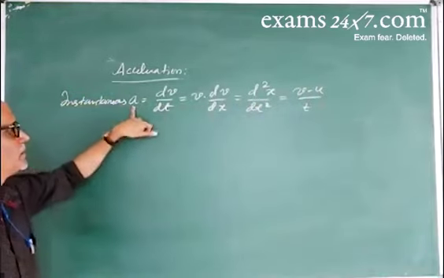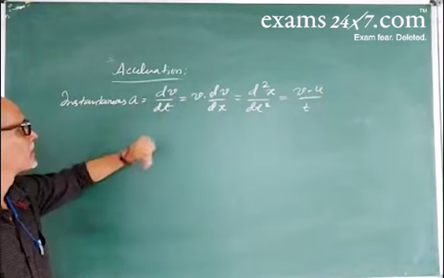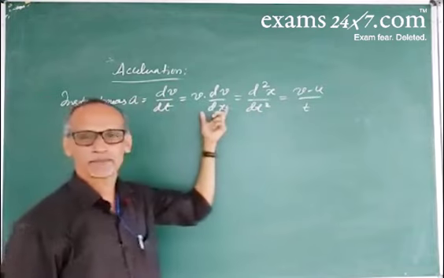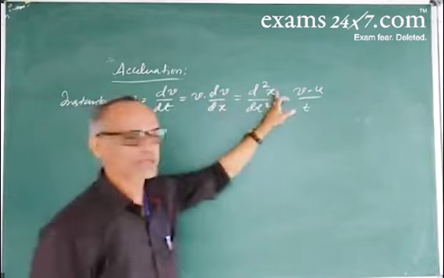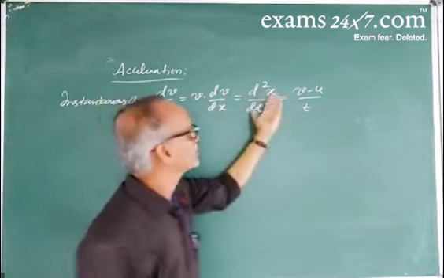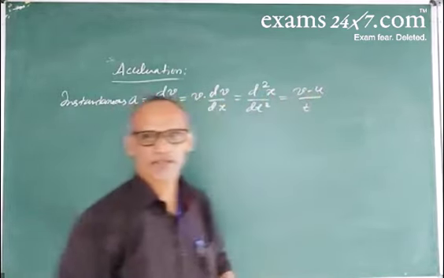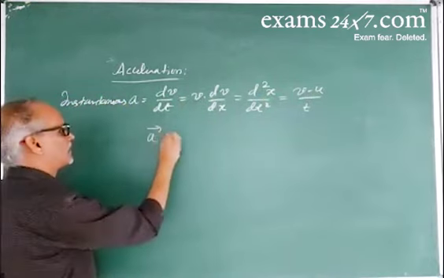So acceleration is a derivative of the velocity if velocity is given, and we use the same formula to find the acceleration if v is a function of x, and if only x is given, differentiate that twice, double derivative, and if you know the initial and the final velocity, we can use the change in the velocity with respect to time.